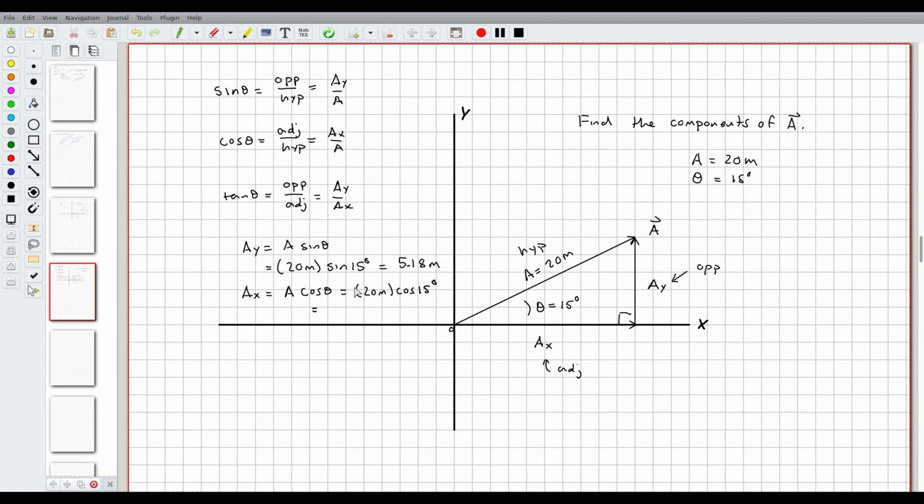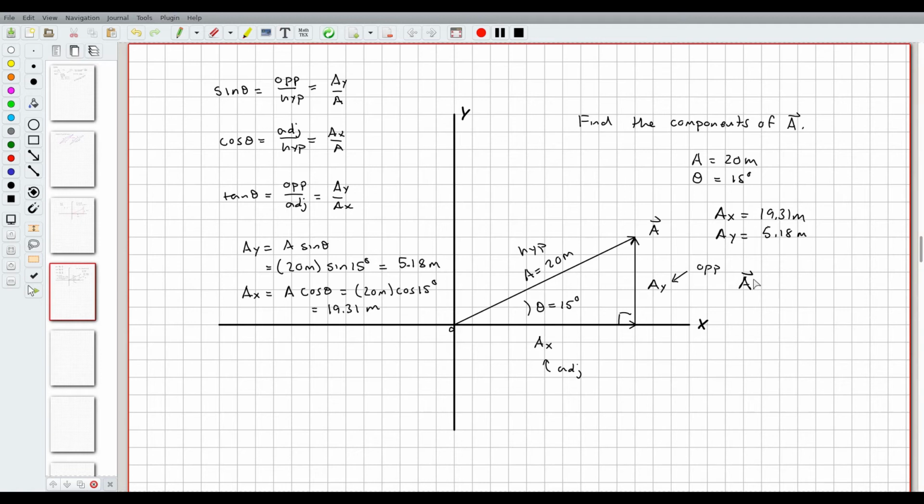And you do the math on that one, and you're going to get about 19.31 meters. So, what are the components of A? Well, the x part is 19.31 meters long. The y part is 5.18 meters long.